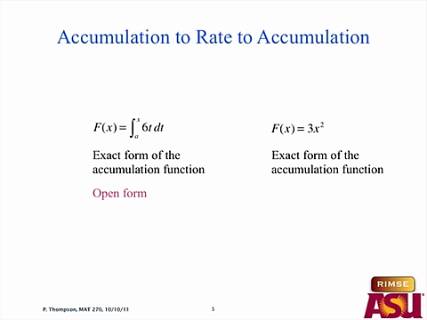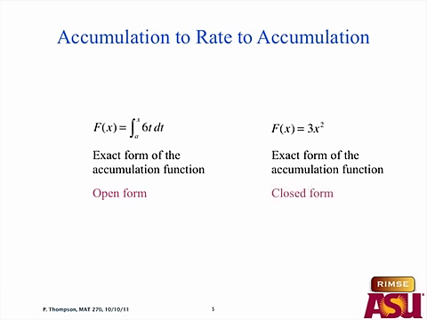And what's that, Ben? Yeah, what is that? So that notation reflects what? Sum of all the little pieces, right? Sum of all the little bits that we're accumulating together. So that form reflects that, but it doesn't give us just a direct function, so we call it the open form.